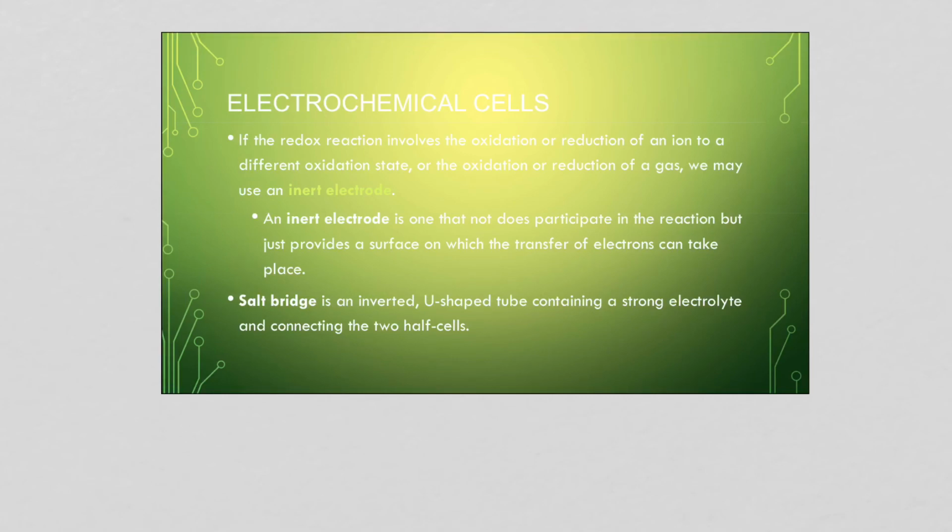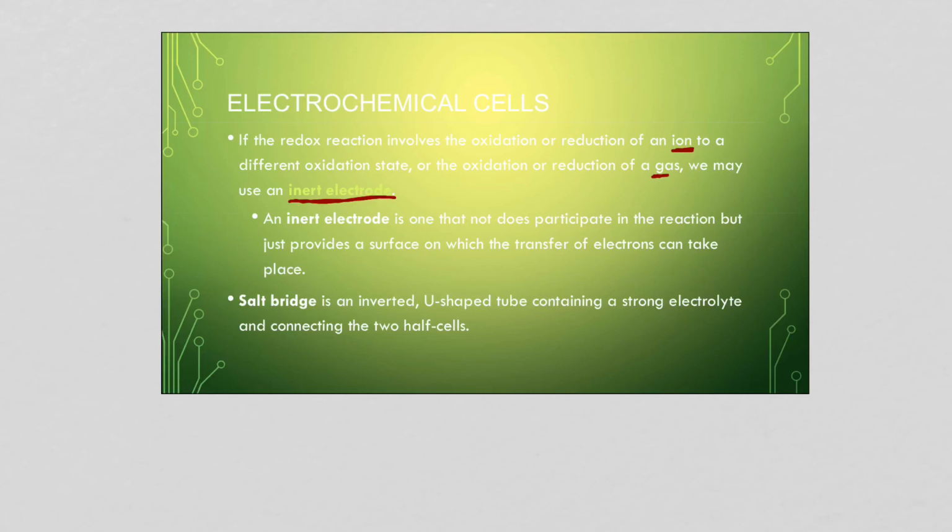Now, if the redox reaction involves the oxidation or reduction of an ion, so not the metal, so we can't really just use the same metal, or a gas, then we have to use different electrodes. So we might use some sort of inert solid that is not going to get involved.